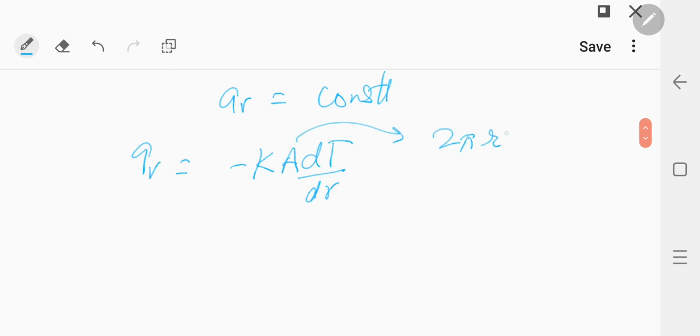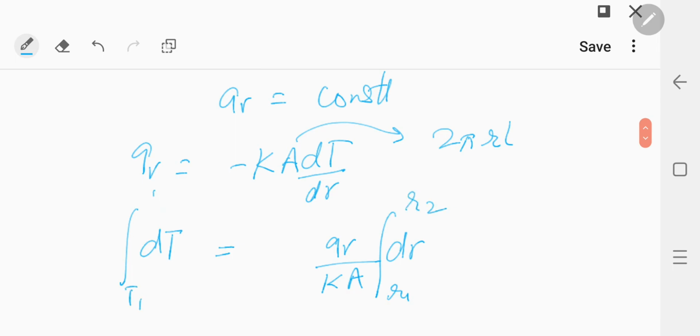Now QR, according to Fourier's law of heat conduction, is minus K A dT by dr. Now what is the cross-sectional area in a cylindrical system? It will be 2 pi r L. So under steady state conditions, QR is constant, so we can represent it as dT equal to QR by K A into dr, and we integrate from r1 to r2, from T1 to T2.